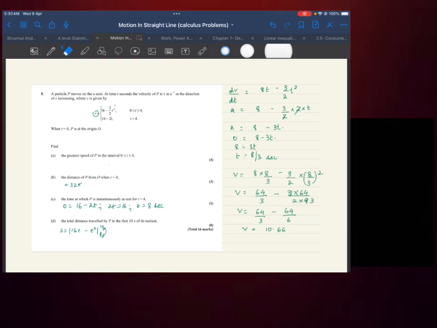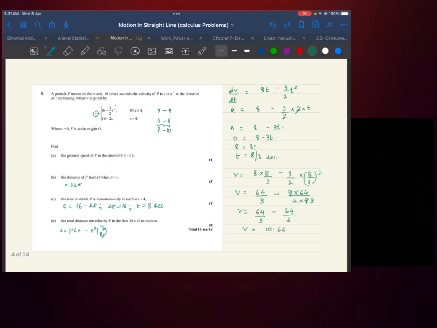So to calculate the displacement, what we need to do is we need to calculate from 0, displacement from 0 to 4, which we have calculated as 32. Now we need to calculate displacement from 4 to 8 before it gets instantaneously at rest, and then we have to calculate from 8 to 10. So for 4 to 8 we are going to use the same displacement equation.